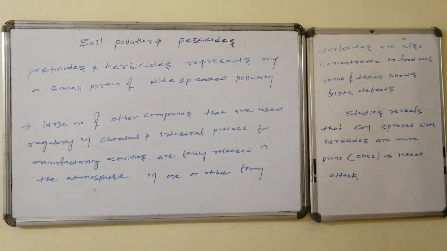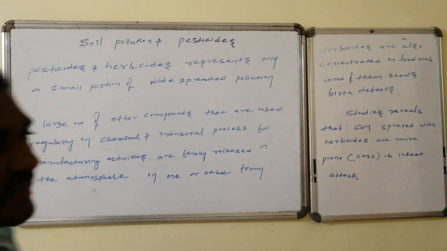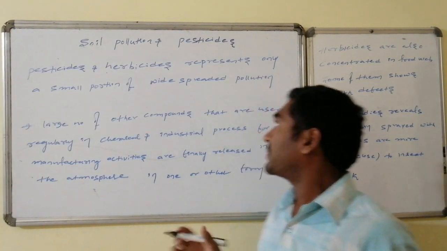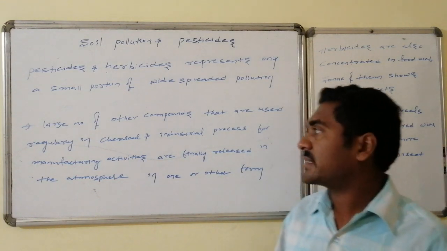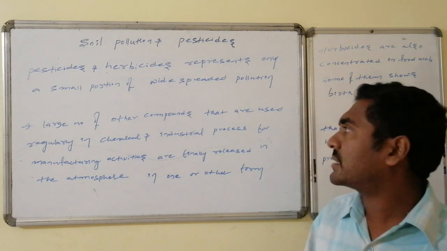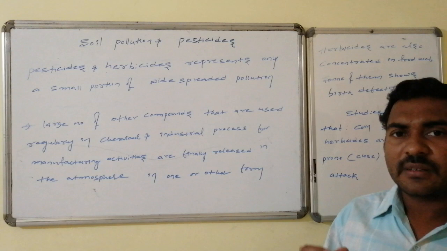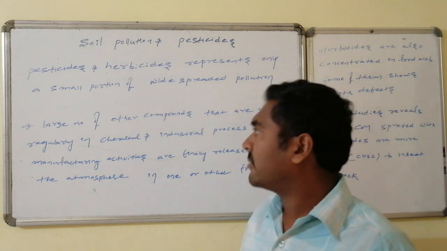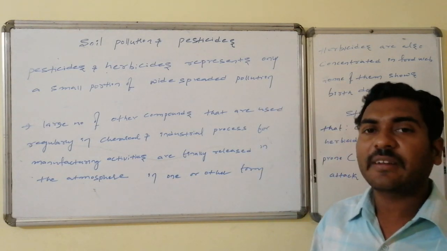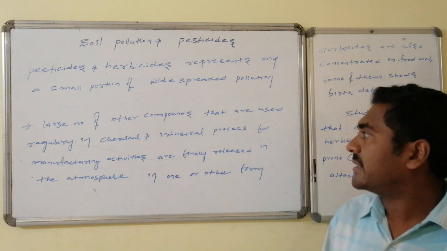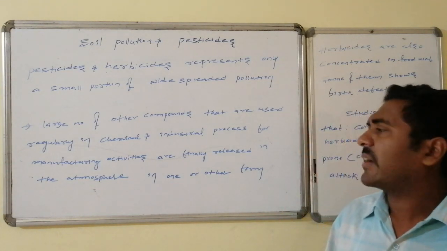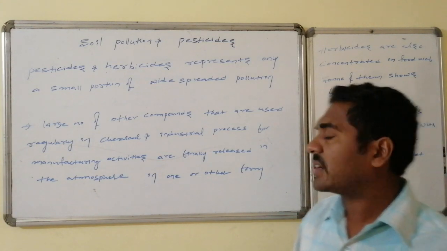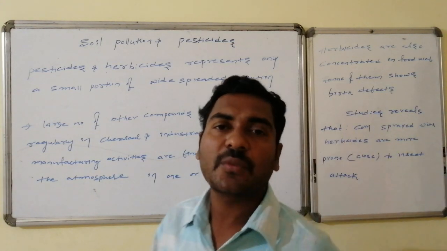Whatever discussion has been made over pesticides and herbicides, these are a small portion of the widespread pollution caused by chemical substances, whereas a large number of other compounds used regularly in chemical spraying, chemical industries and manufacturing processes are finally released into the atmosphere in one form or another and cause a lot of pollution.